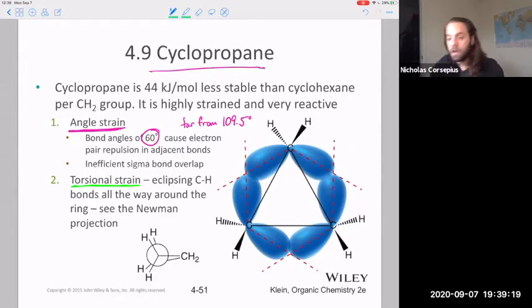If we took this cyclopropane and laid it on its side. If you have a model kit, this is a really good exercise that you can do to show that indeed all of your hydrogens are going to be sitting parallel to one another. They're going to be eclipsed, leading to torsional strain. So cyclopropane is so bad because it has both angle strain and torsional strain, leading to the instability of that compound.